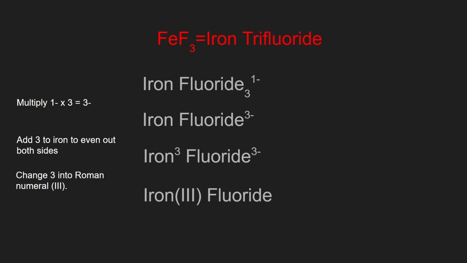We would then come up with iron fluoride 3 minus. We would then add 3 to iron in order to even out both sides. After this, we would then change 3 into Roman numeral 3, which would give us iron Roman numeral 3 fluoride.